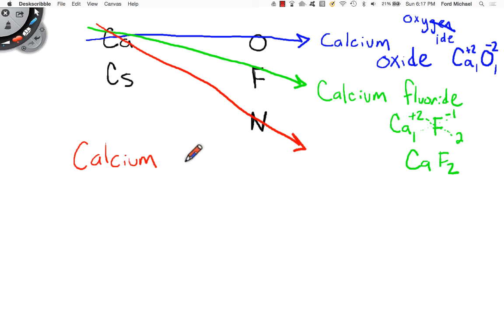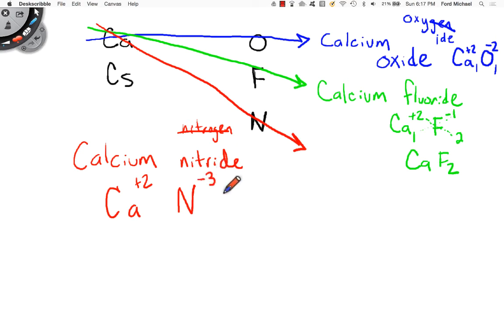All right, and then not nitrogen, but nitride. Okay, we write the 2 symbols. Now, calcium is plus 2. Nitride is in group 5. It wants to gain 3 electrons. When it does that, it becomes minus 3 charge.